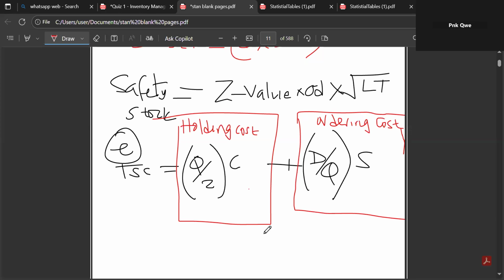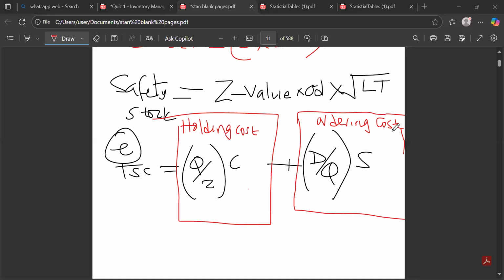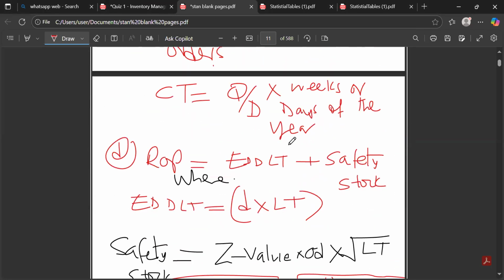So these are the formulas to do with inventory management model one.